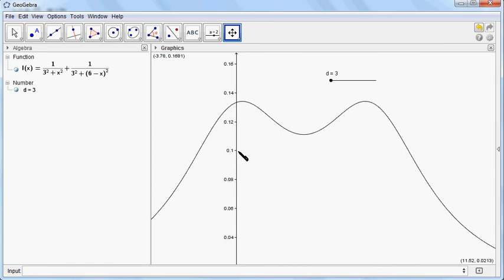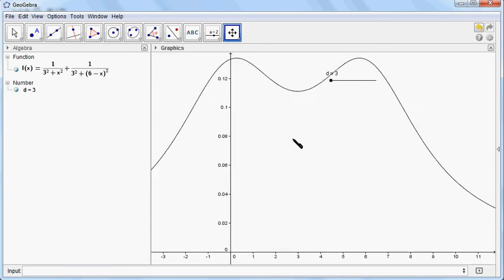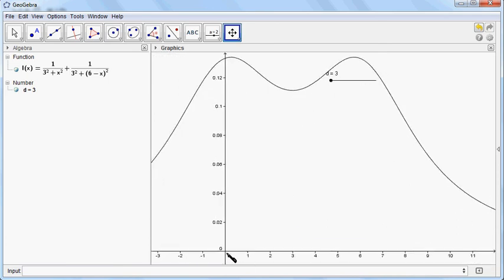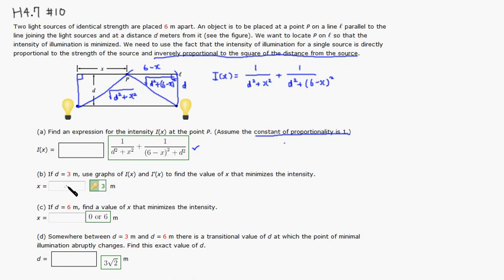So let's look for the minimum value between 0 and 6. The smallest value occurs right here, at 3, so the answer is x equals 3.